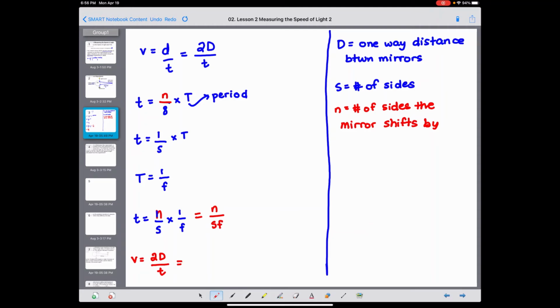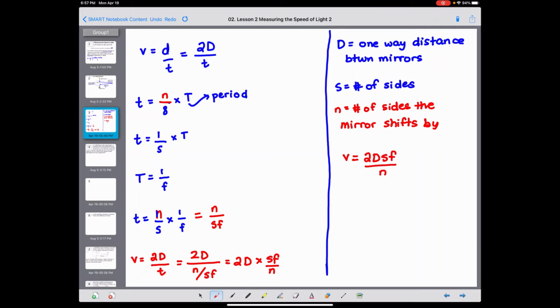So this is going to be 2D over N over SF. And so simplifying that, we're going to have 2D times SF over N. So for the final thing here, rewriting this, the speed of light, V, is 2D SF over N.